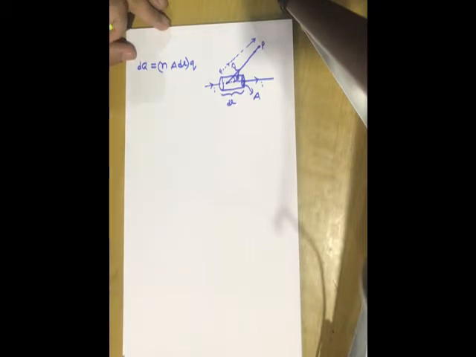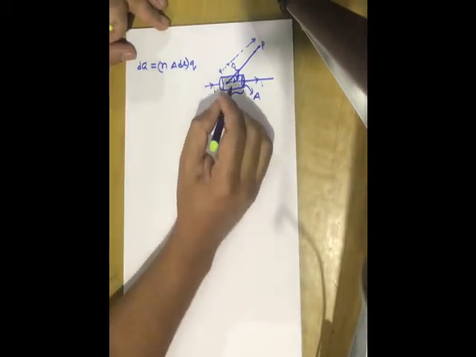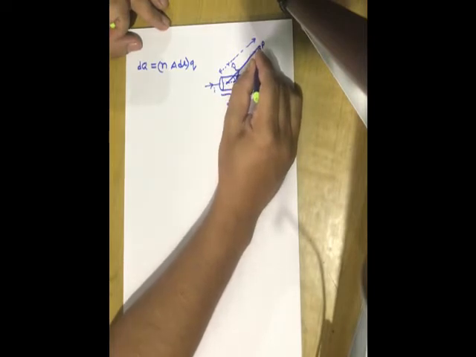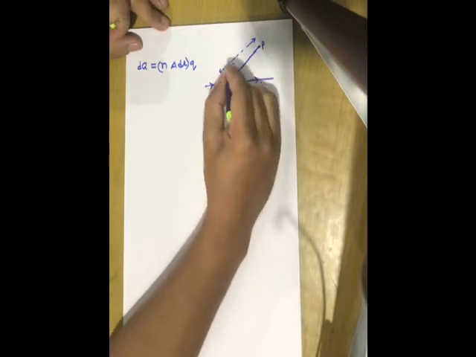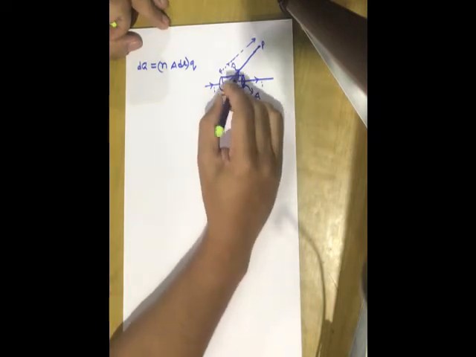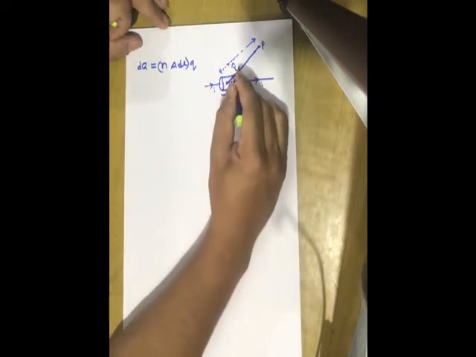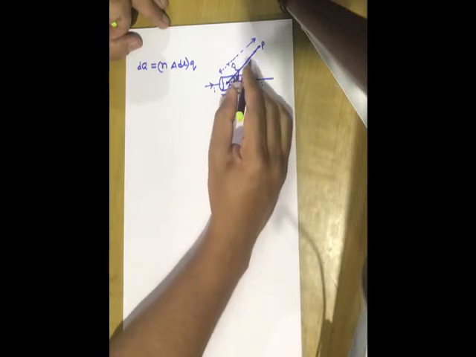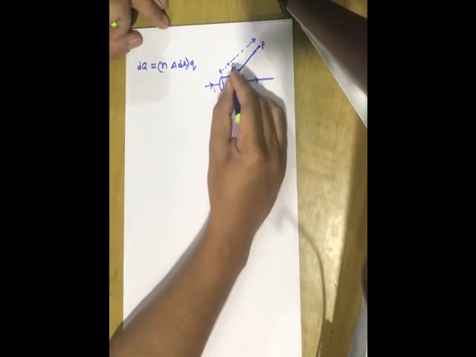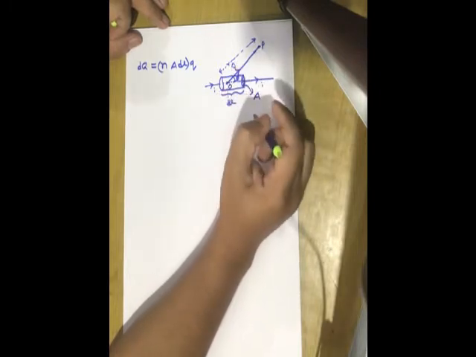Now what we have to determine is the value of the magnetic field at the point P, which is at a distance r. Suppose this is the origin O, then at a distance r from the point O, and the direction of the point P is denoted by this position vector r cap.